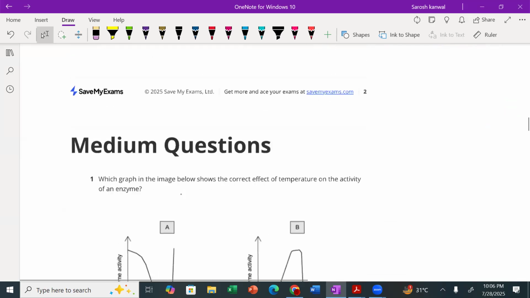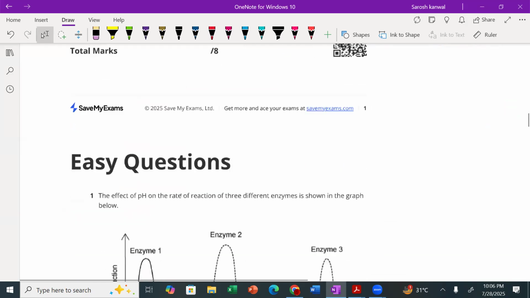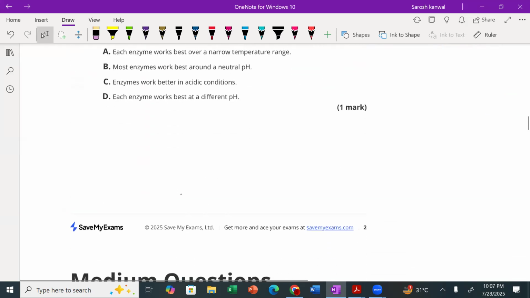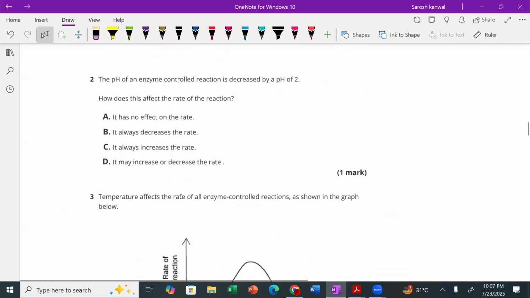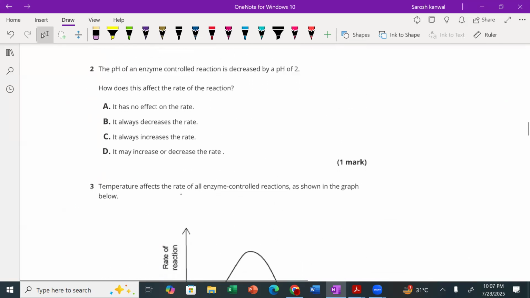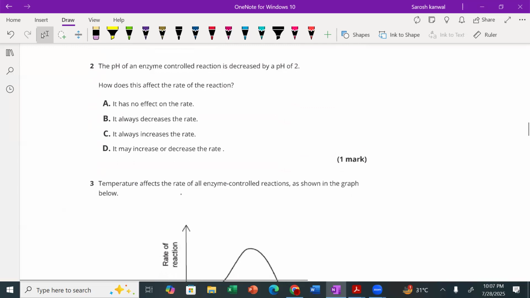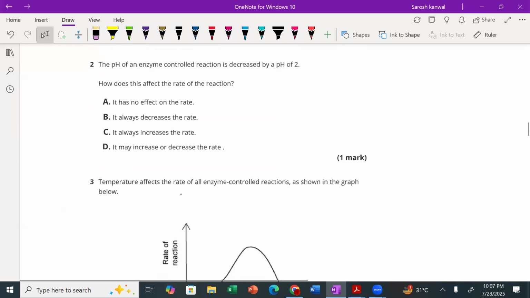Okay, then we have the questions related to enzyme action. The pH of an enzyme controlled reaction is decreased by 2. How does this affect the rate of reaction?